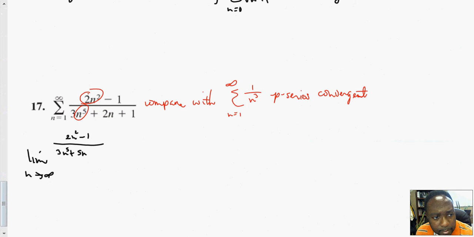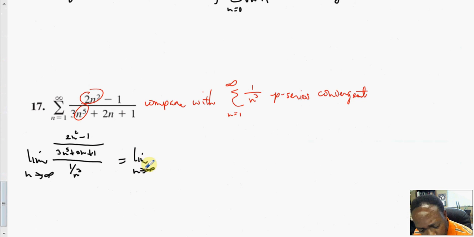We get the limit as n goes to infinity. This becomes n to the 3rd times the numerator.